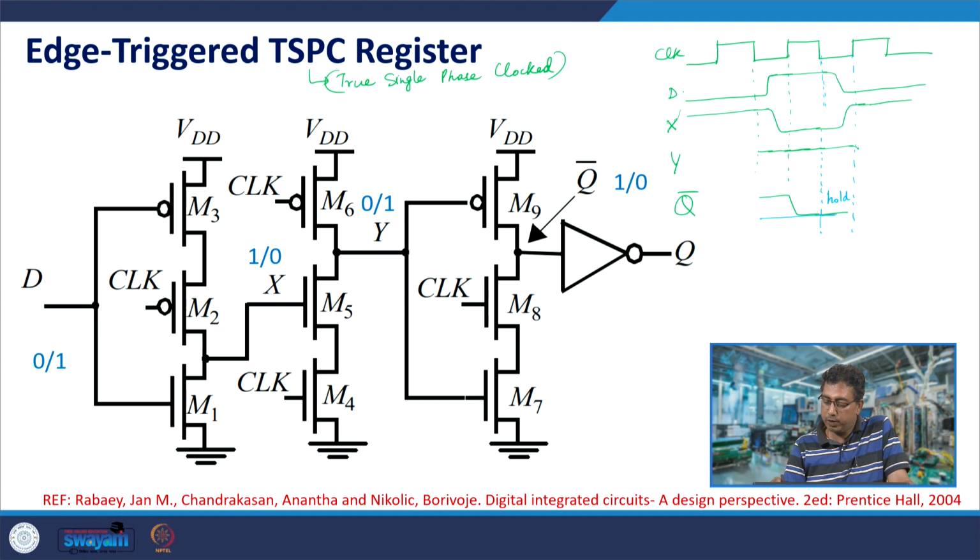Y would discharge here after the clock turns high, and once y has discharged, Q bar would turn high.